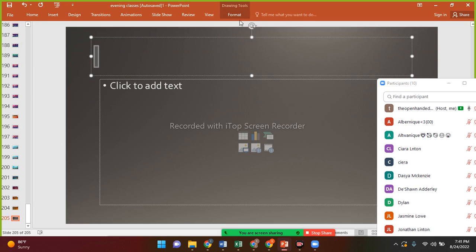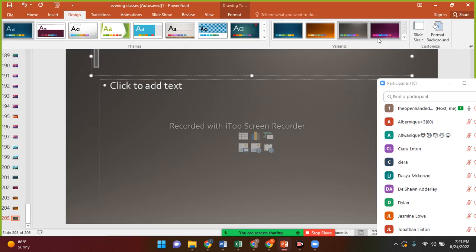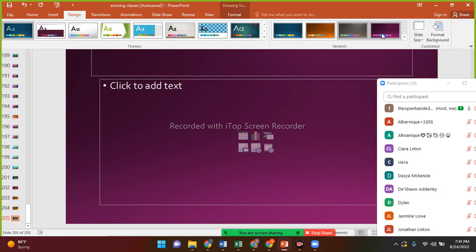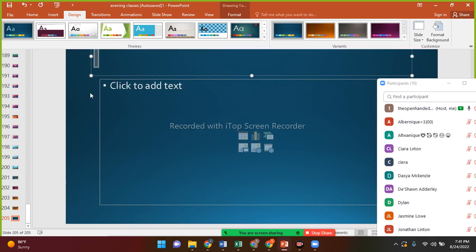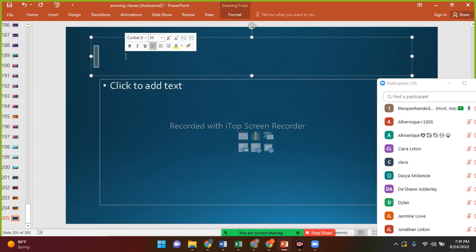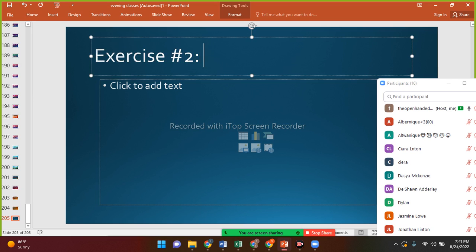Let's use this. Exercise number 2, and we're looking at fractions and percentages applied.